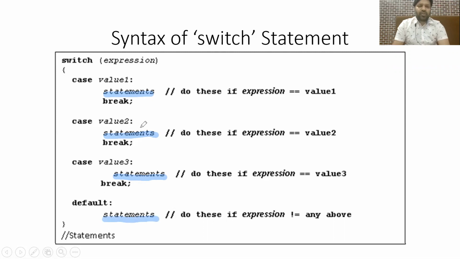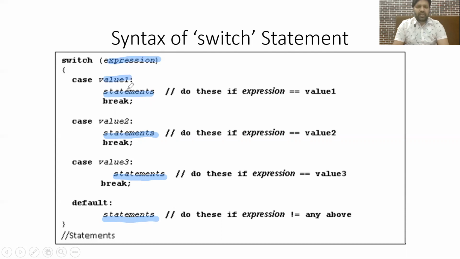All these four sets of statements are mutually exclusive of each other. Only one of these will be executed, and which of these will be executed will depend upon the value of the expression. We will compare the value of this expression with the value 1.